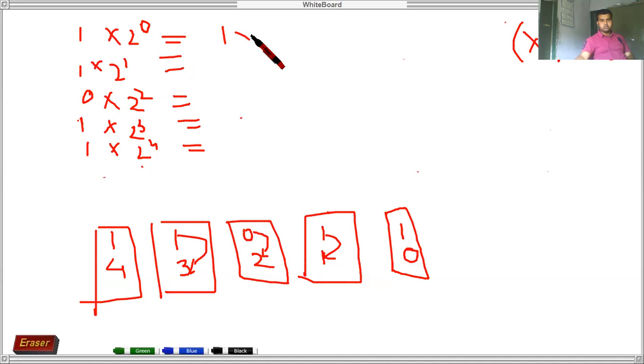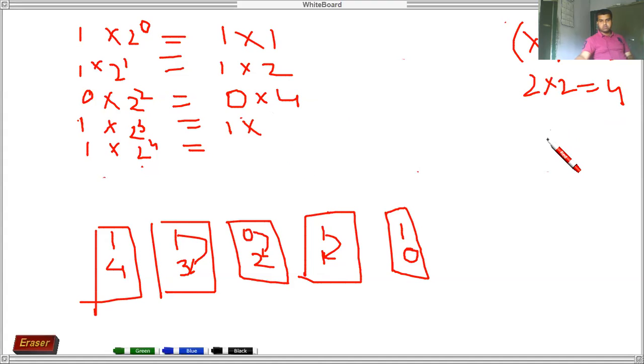So 1 into 1. Okay, next step, 1 into 2 to the power 1. 2 to the power 1 is 2, so 1 into 2. Then 0 into 2 square. 2 square means 2 into 2, which is equal to 4. So 4. 1 into 2 cube. 2 cube means 2 into 2 into 2, which is equal to 8.